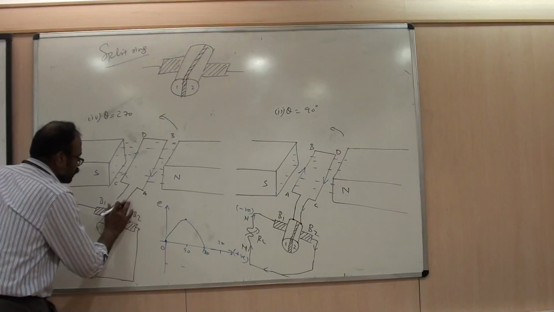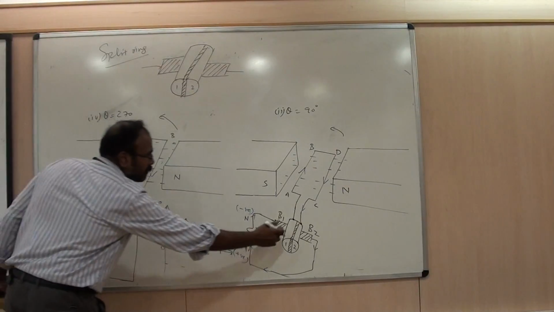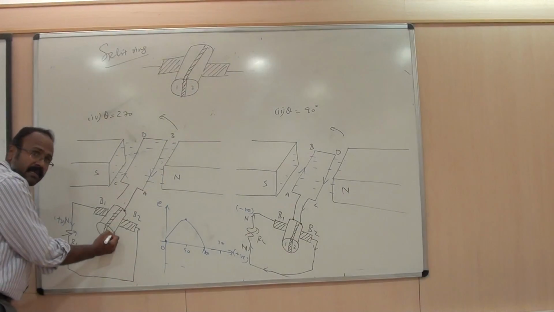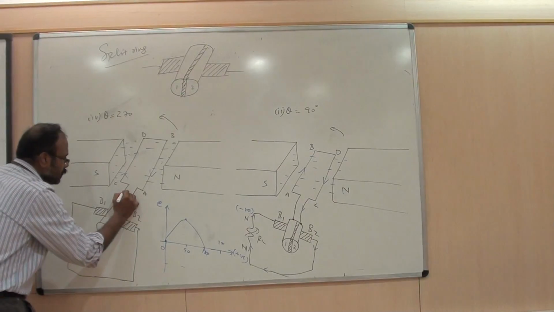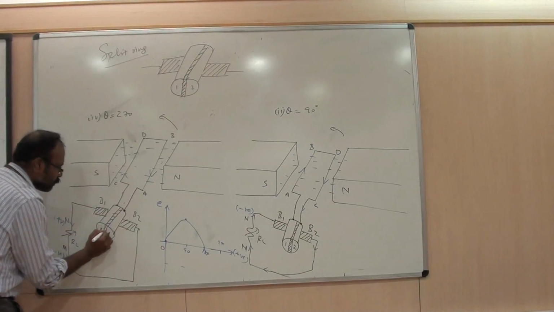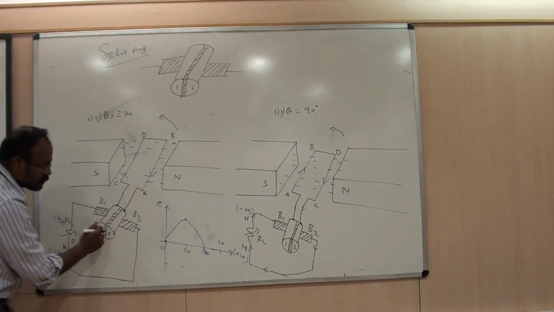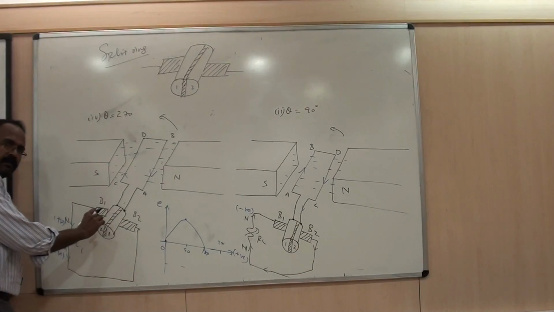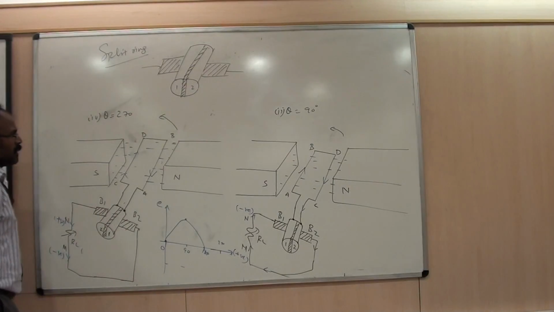But if you see, AB is rigidly fixed to segment 1. The position of segment 1 is changed now with respect to theta equal to 90 degrees. And CD is rigidly fixed to segment 2. So the position of the segments of the split rings is changed, but not the position of your brushes.